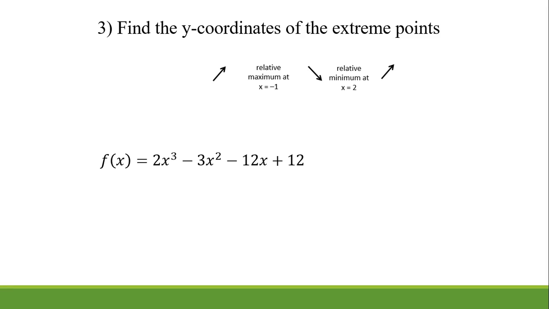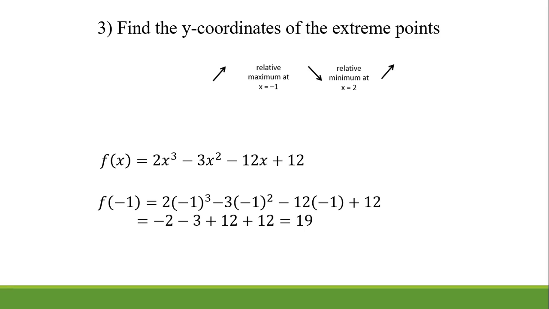So we have one relative maximum where x is -1. To find the y-coordinate that goes along with that, we can substitute -1 into our original function, and we get a y-coordinate of 19. So that relative maximum is at (-1, 19).